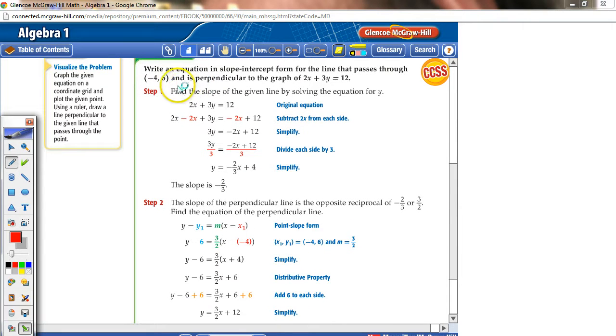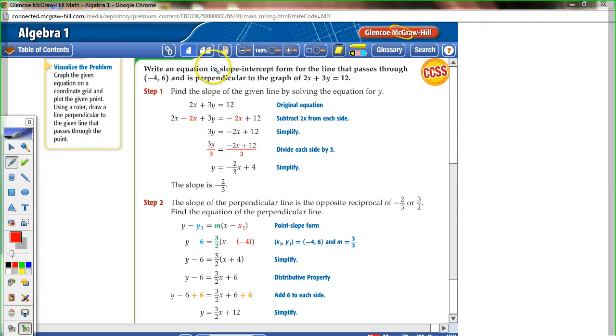Okay, so they want you to find an equation in slope-intercept form for a line that passes through (-4, 6) and is perpendicular to the graph 2x plus 3y equals 12. You want to find a slope there.